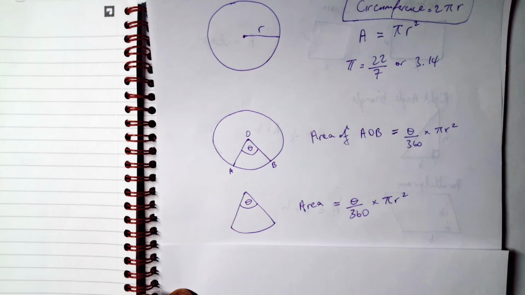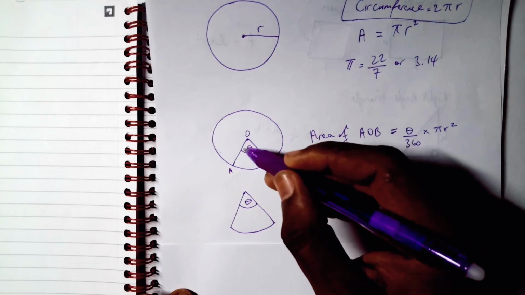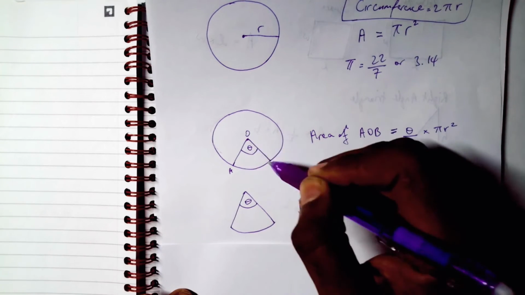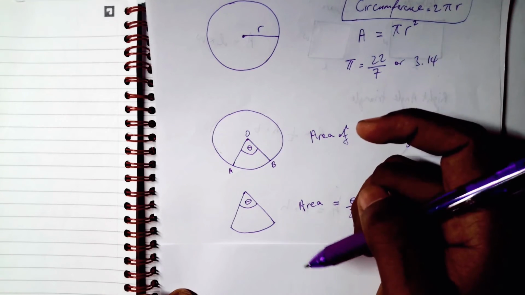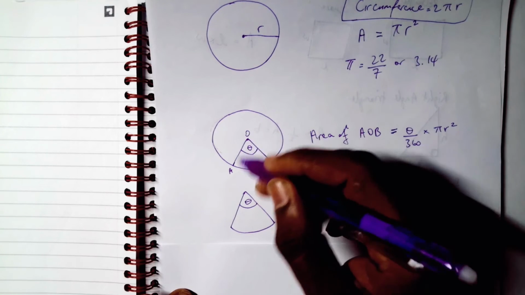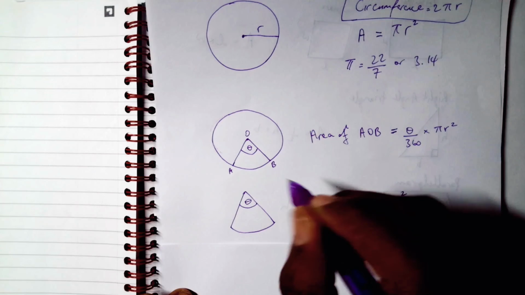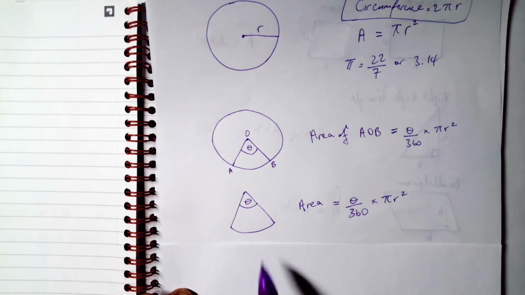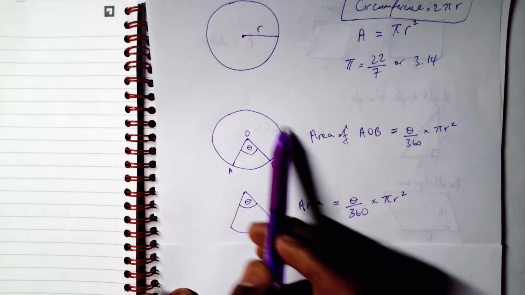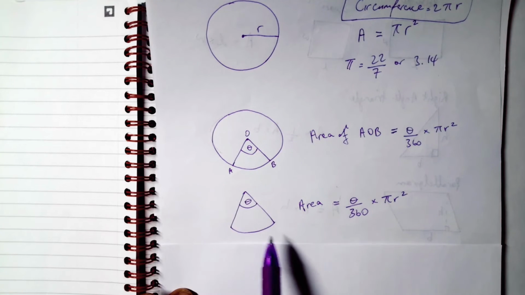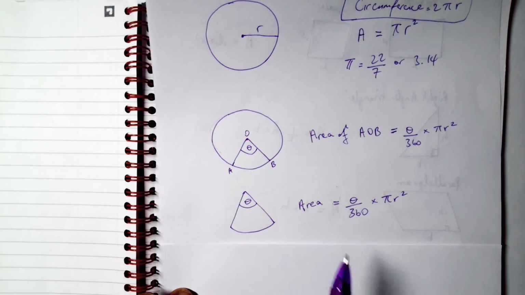You know, like when you have a pizza and you slice the pizza, this is one slice of the pizza. Sometimes you will be asked to find the area of one slice of the pizza. This is one slice, and when you take it out, this is how it looks. Sometimes they may give you this diagram, or this diagram, and say, find the area of the sector. In other words, find the area of a slice of pizza.